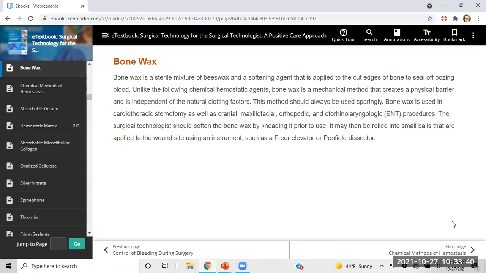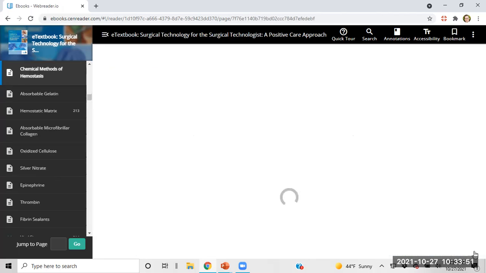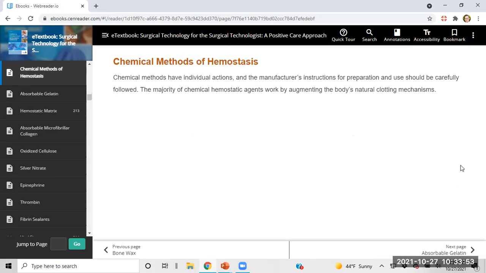You'll be able to roll it into balls, and it's applied to the wound site with a Freer elevator or a dissector. And then in the chemical area, we're looking at different agents, different medications that are being used to help the body's clotting mechanism occur normally.